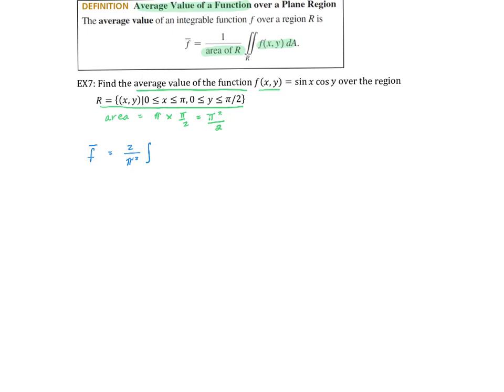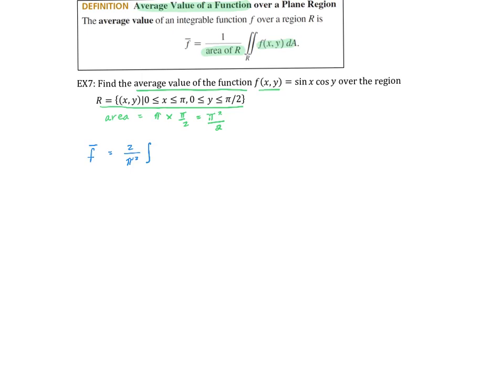It doesn't matter to me which one I do first. The antiderivative of cosine is sine. The antiderivative of sine is negative cosine. Also notice that I can separate this because I get sine of x times cosine of y, so I could use that previous property that I introduced and separate this into two separate integrals, one with respect to x, one with respect to y.